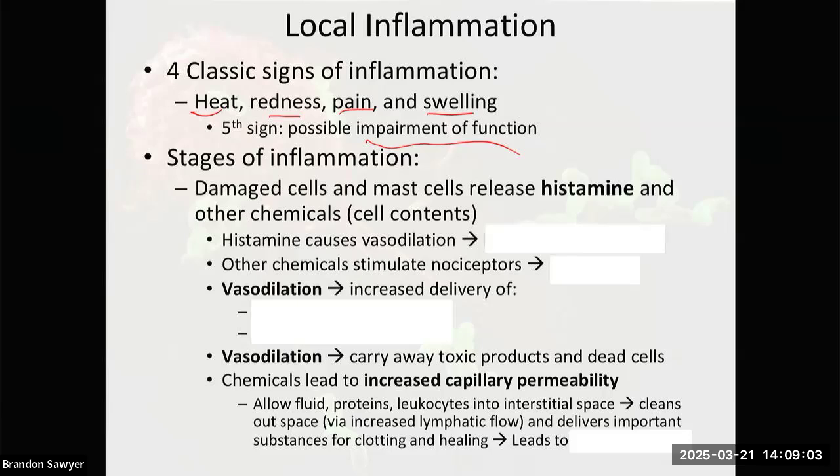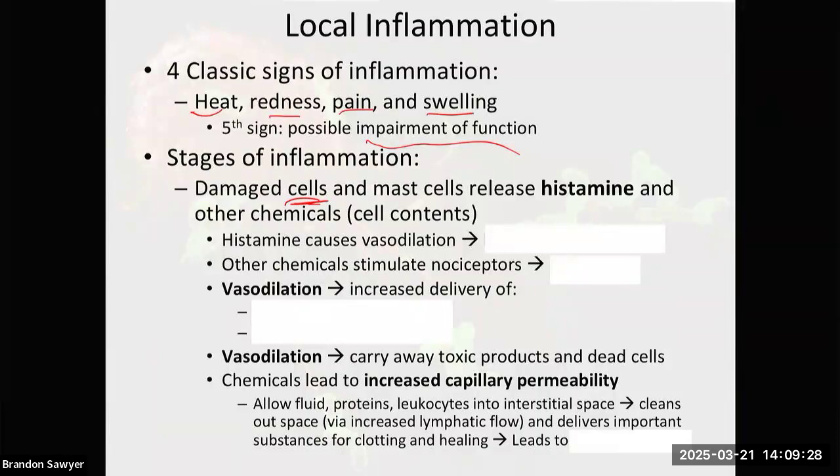So we're going to walk through how we activate the inflammatory process with some details here, and then we'll put all that together and connect it to what causes the heat, what causes the redness, what causes the pain, what causes the swelling. Okay, so whenever we have an injury in our body, we damage some cells, right? Some cells are damaged, they're broken open, okay?